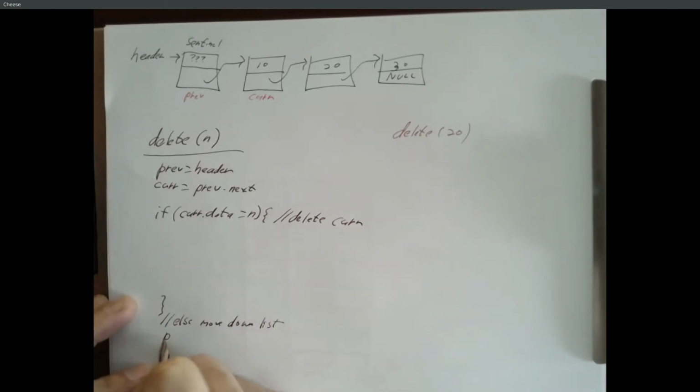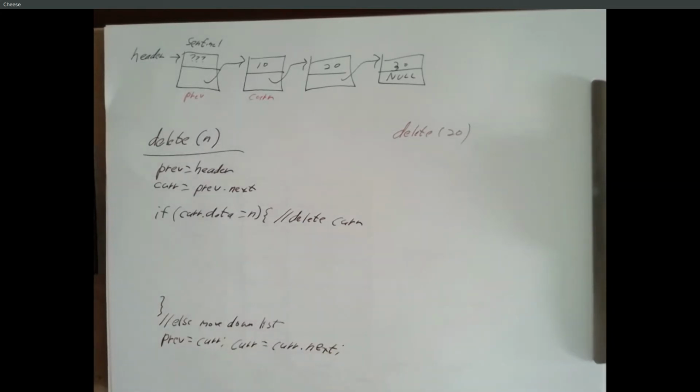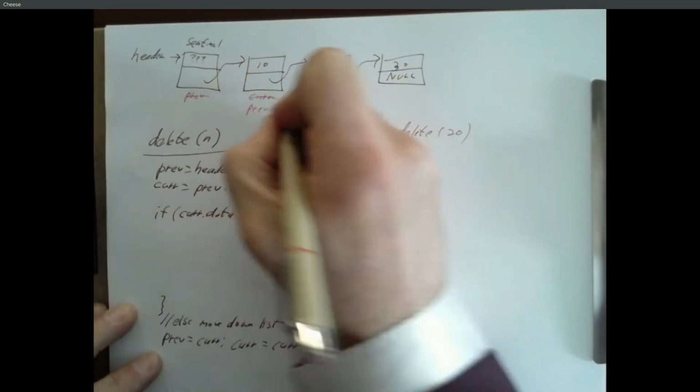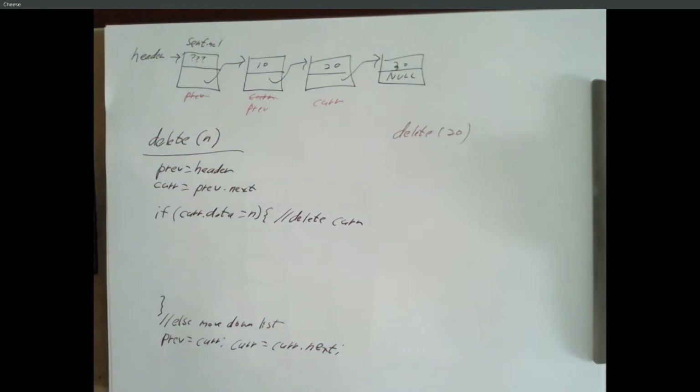So I'm going to say previous equals current, and current equals current.next. I could also say previous equals previous.next, current equals current.next. There's a lot of ways to do this. So this will change previous to here and current to here.